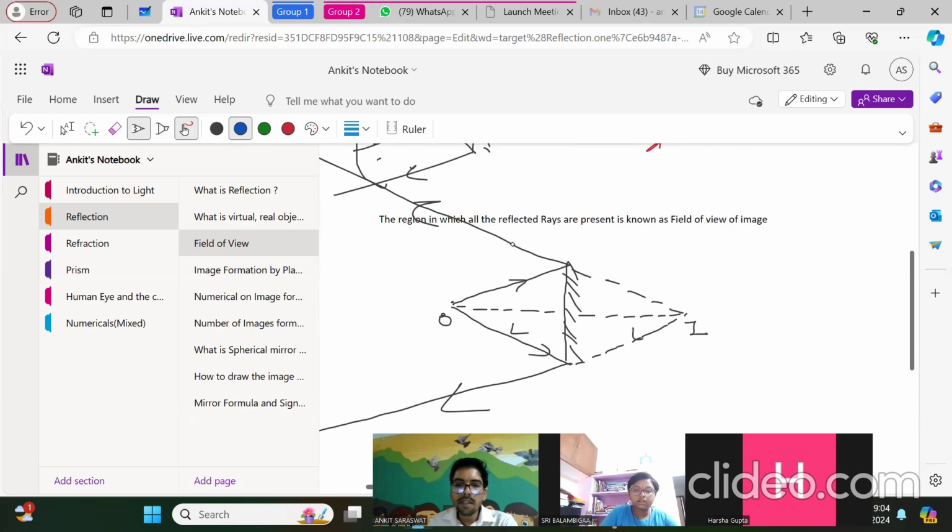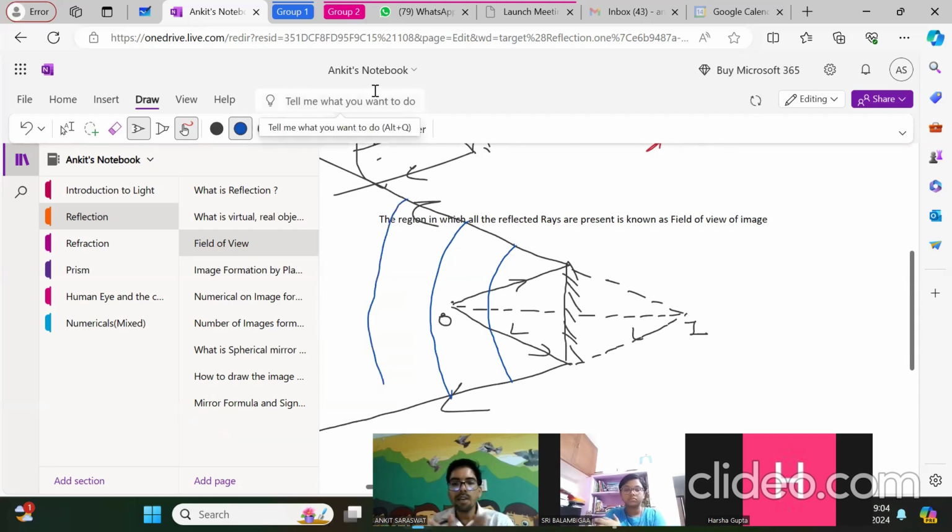If you are standing here, this is the field of view only. This is a region in which all the reflected rays are present. Field of view is continuous angle. Can you see? Continuously increasing because rays are diverging. Clear? Yes, sir.